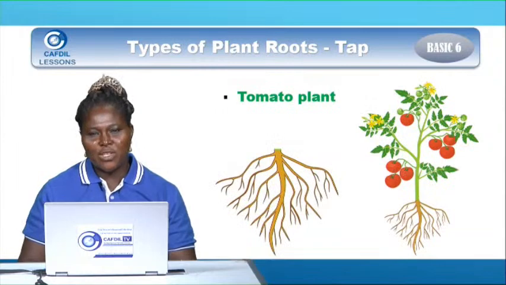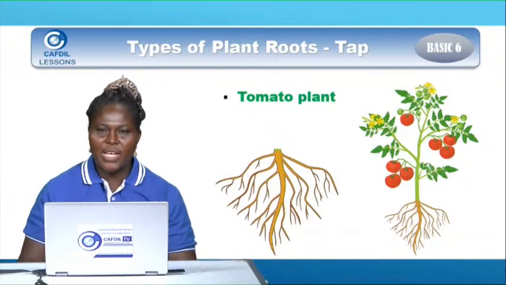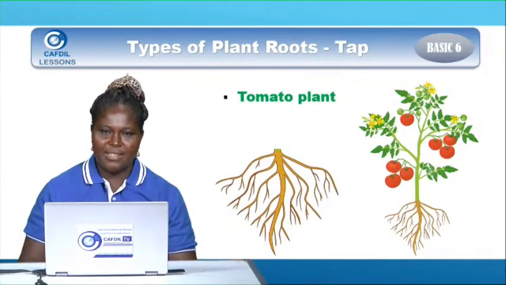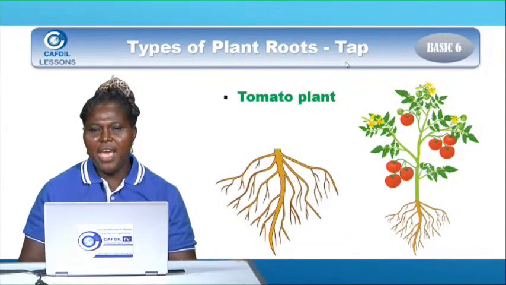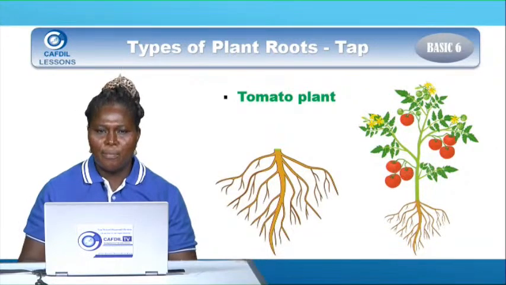And we have the tomato plants. The tomato plant is also a tap root. The tomato plant has also got the tap root system. It has the main root, and then the side roots, and then the root hairs. So an example of a plant with tap root is the tomato plant.